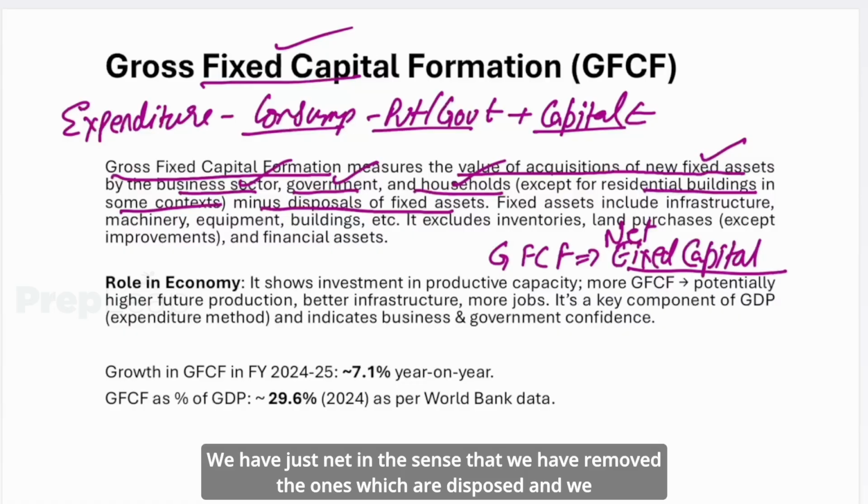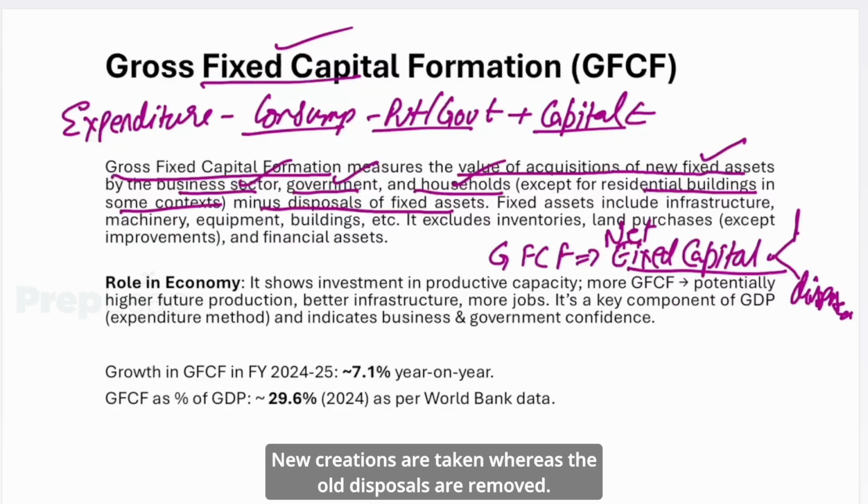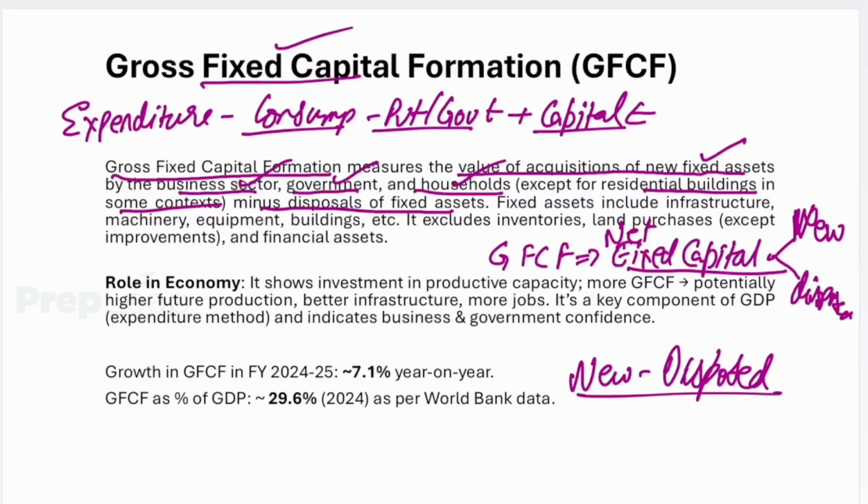We have just removed the ones which are disposed, and the new creations are taken whereas the old disposals are removed. So it's new minus the disposed, and it is not yet depreciation adjusted. So that is why it is called gross.